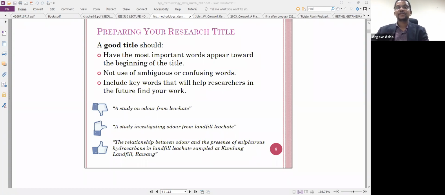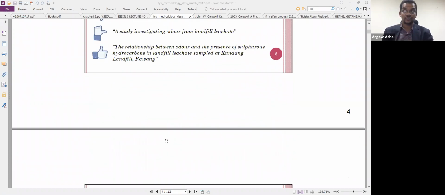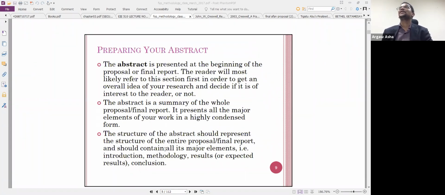We recommend that the title should be in 1 line, if not, maximum 2 lines, not more than that. It should be easy for people, a catchy title. Don't use any confusing words or abbreviations in the title.